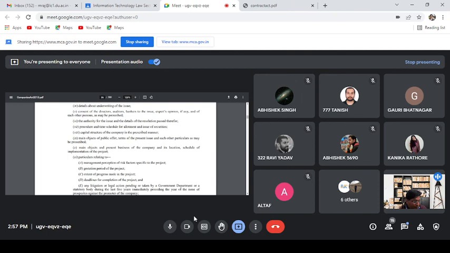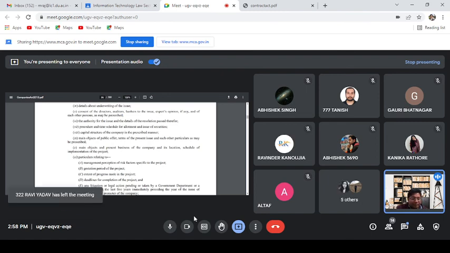So when this copy of the prospectus has been delivered to the registrar, within 90 days you have to issue the prospectus to the public, because otherwise there may be changes within that time.